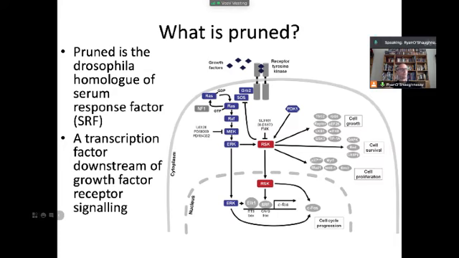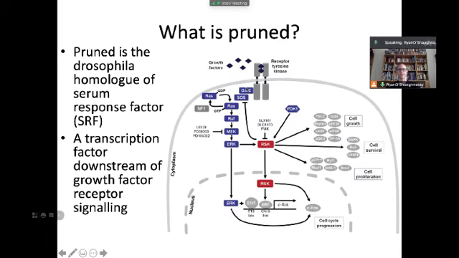So what is pruned? Pruned is the Drosophila homologue of a protein called the serum response factor, otherwise known as SRF. And this is one of these transcription factors that's downstream of growth factor receptor signaling. So we have our growth factors, they bind our receptor tyrosine kinase, typically through RAS signaling.